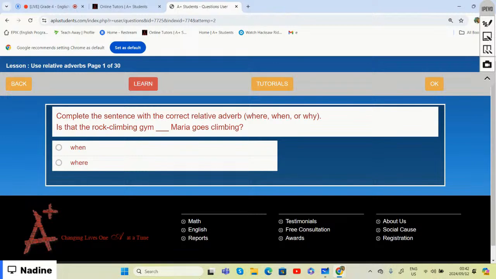Or option two, is it where she goes climbing?